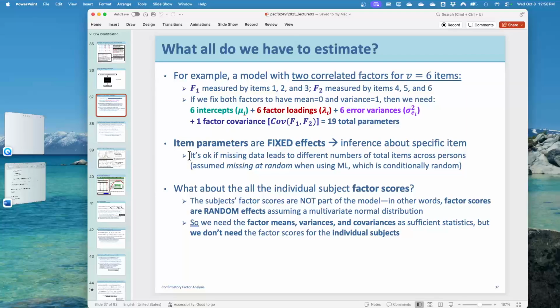The name of this problem relates to a paper by Jerzy Neyman and someone named Scott. I don't remember her first name. But the Neyman and Scott problem goes back to like the 1940s. Understanding that if you try to estimate a model where you have parameters increasing as a function of sample size, in our case here, because every person we get needs more factor scores, we are not guaranteed for that model to achieve some of those good properties that maximum likelihood would have, consistency being one of them.